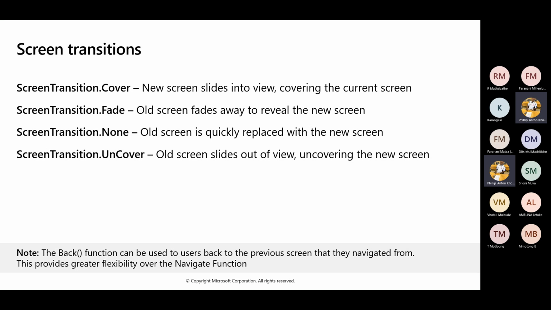And you should know that the Back function can be used to take users back to the previous screen that they navigated from. You can use the Back function to explore this cover and uncover, and it provides you with greater flexibility over the navigation function.